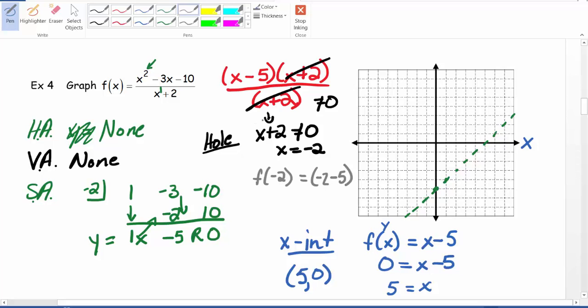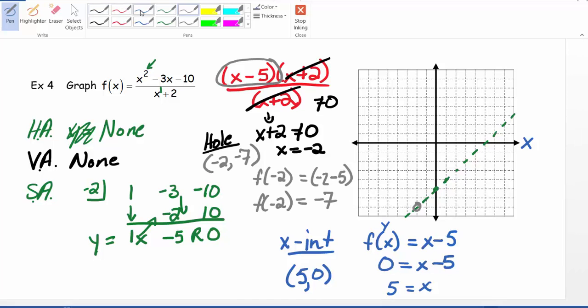Again, these items dropped out, they canceled. We're just using our simplified version of that function. So f of -2 comes out to be -7. So our hole is actually going to happen at -2, -7. So -2, -7, there's our hole.